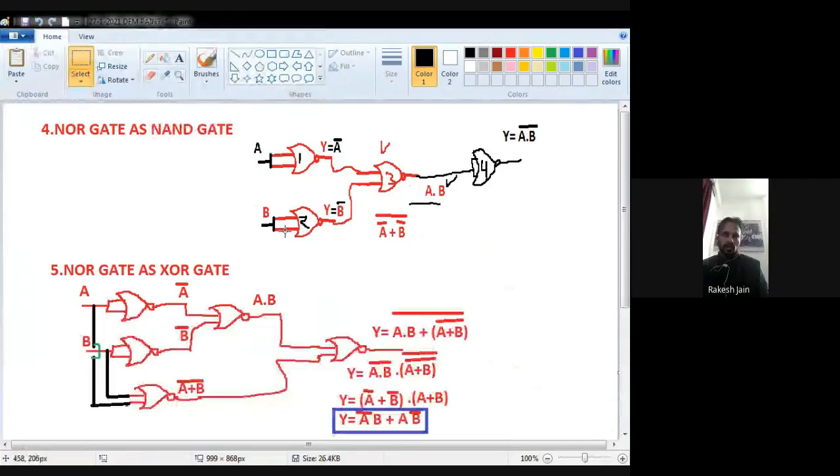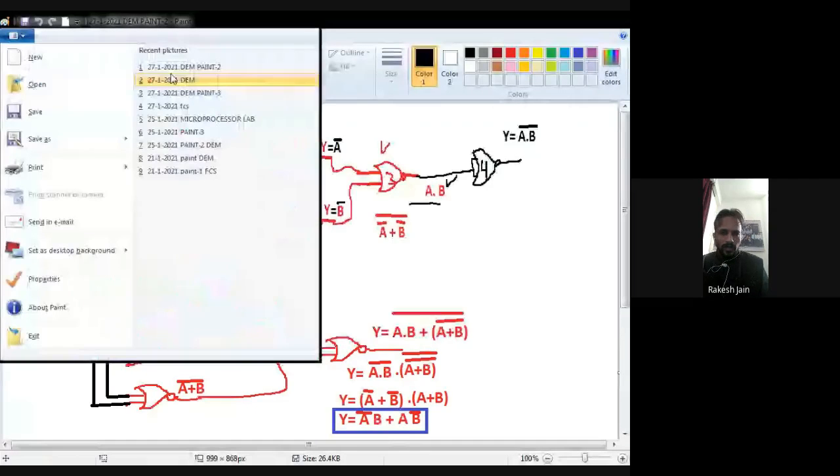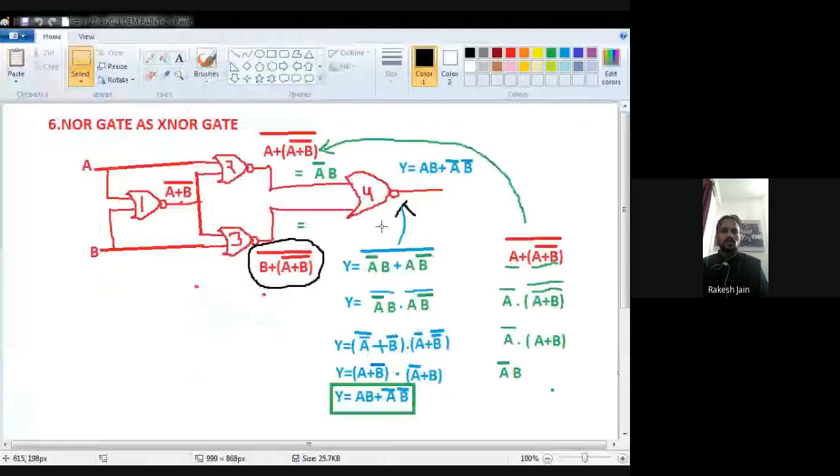To realize an AND gate with the help of NOR gate, we use three NOR gates. Then in case of NOR gate as a NAND gate, we use four NOR gates. Then to realize the XOR gate with the help of NOR gate, in NOR gate as an XOR gate case, we use 5 NOR gates.